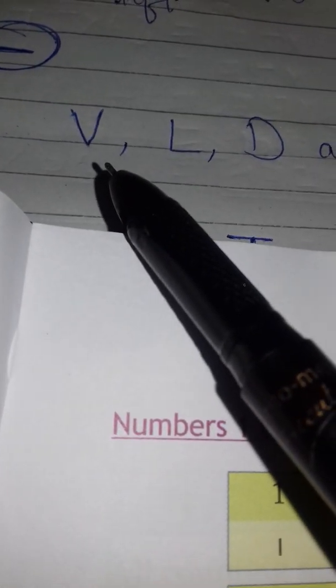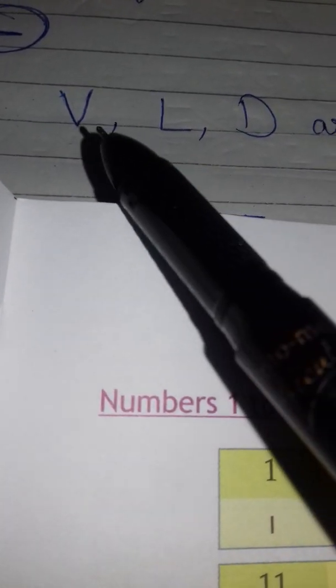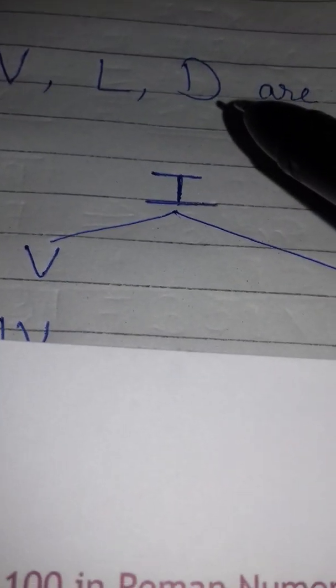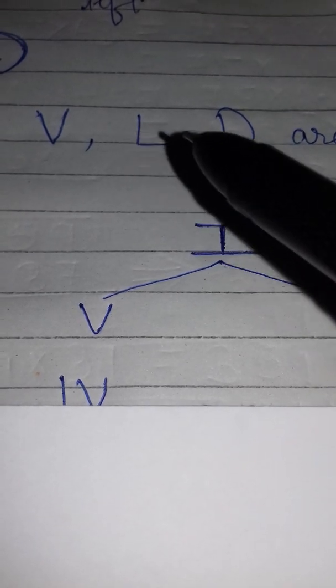We can add these symbols to any other symbols, like V plus I or L plus X, LX, D plus C, and we can subtract some symbols from these, like I from V, X from L, C from D, but from any numerals we cannot subtract these.